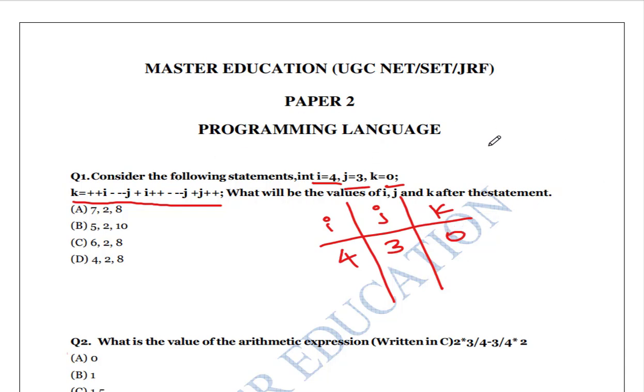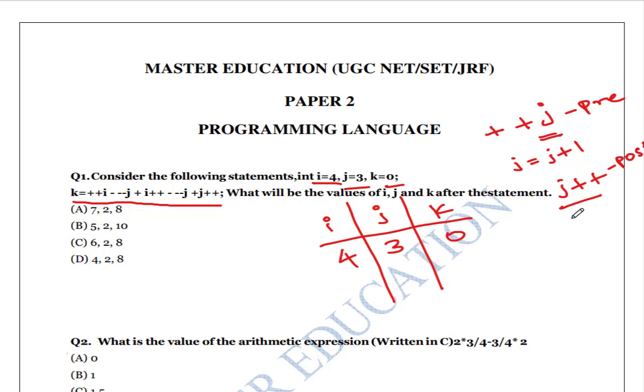Then you have to understand what is pre-increment and post-increment. --j means it will first decrement the value of j and then assign it to j. So initially it will change the value and then it will take the value. This is called pre-increment and this is called post-increment.